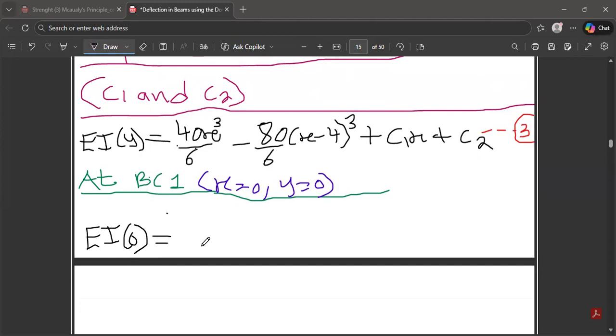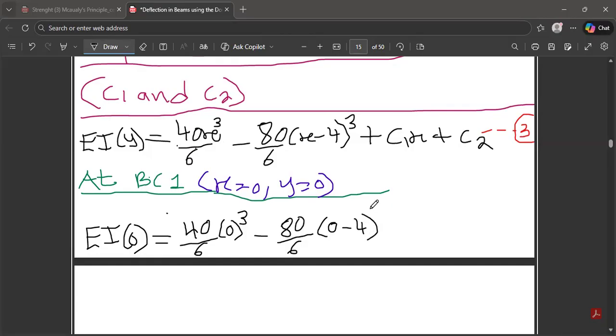which is equal to 40 all over 6, and now in place of this x, we put 0 over there, exponent 3, minus 80 over 6. Now you can see me writing 0 minus 4.